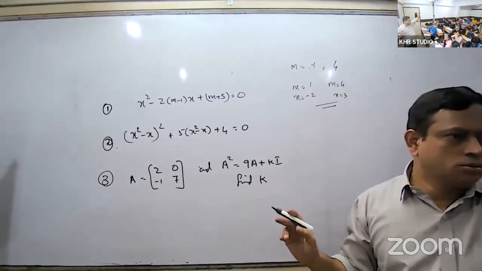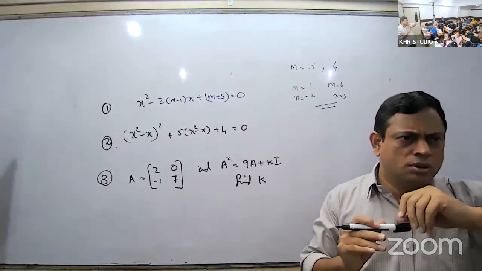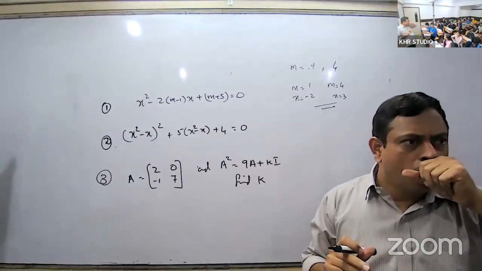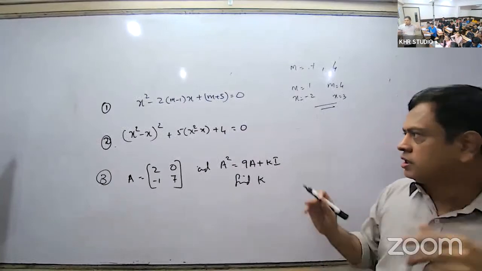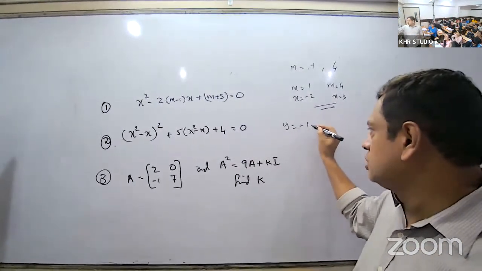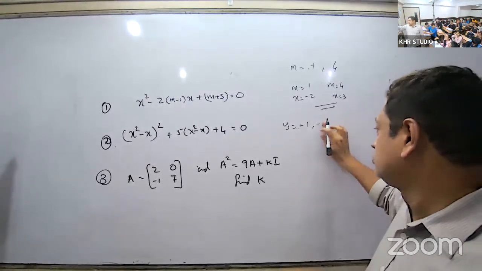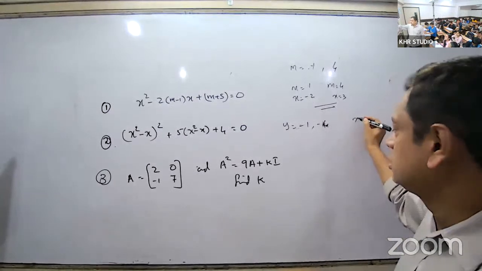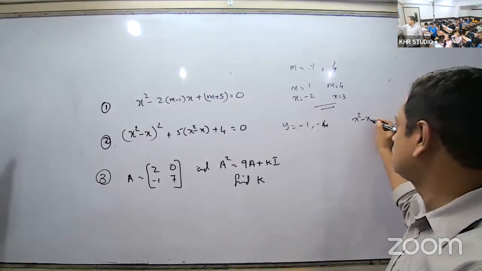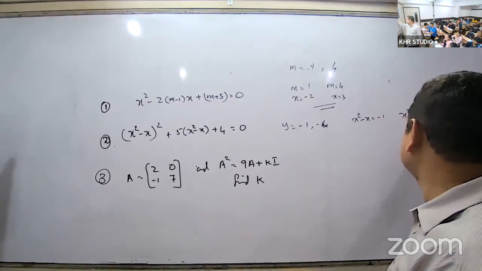Yes, Priyanshu. What are the values of y you got? -1 or -5. So x square minus x is equal to -1 or x square minus x equal to -4.